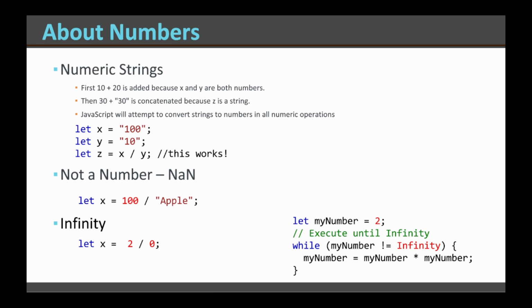So there's not a number. You may have encountered this one. NaN. If you do something like divide 100 by the string apple, it has no idea what to do, right? In that case, it gives you something back. It gives you a special type called NaN, or not a number.